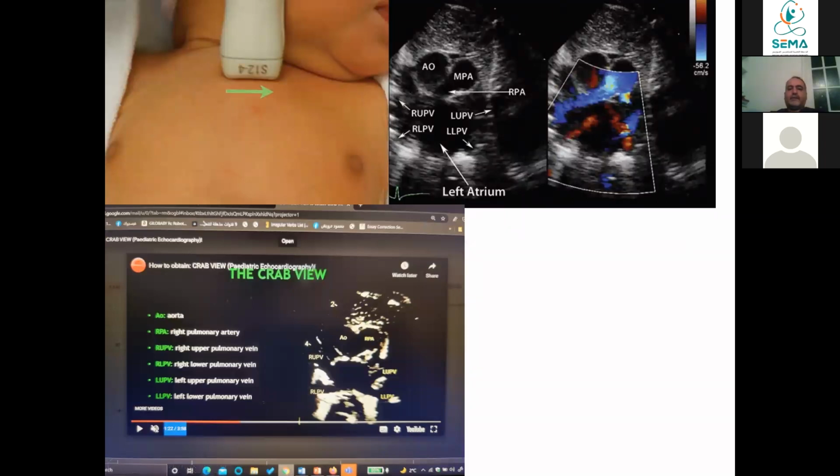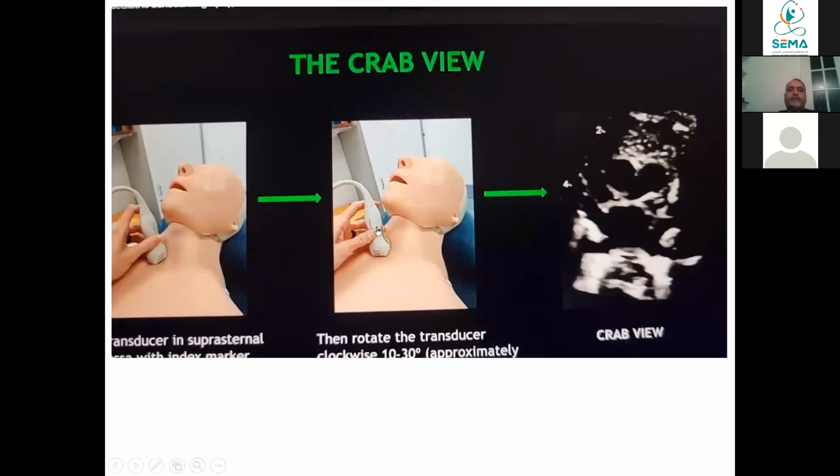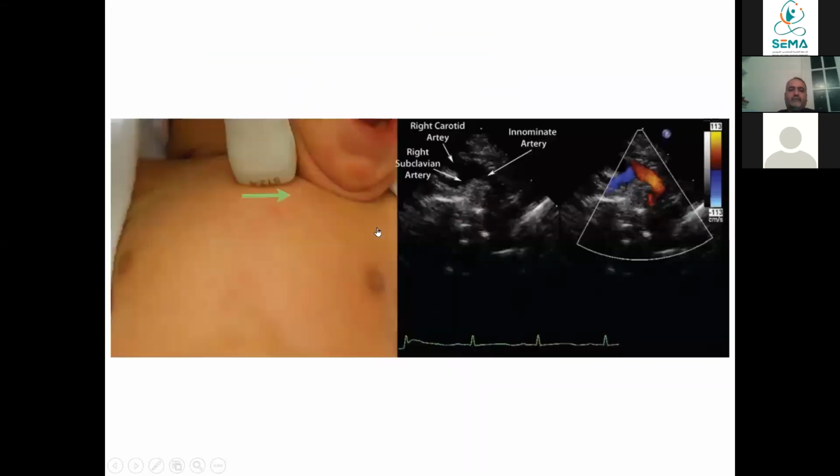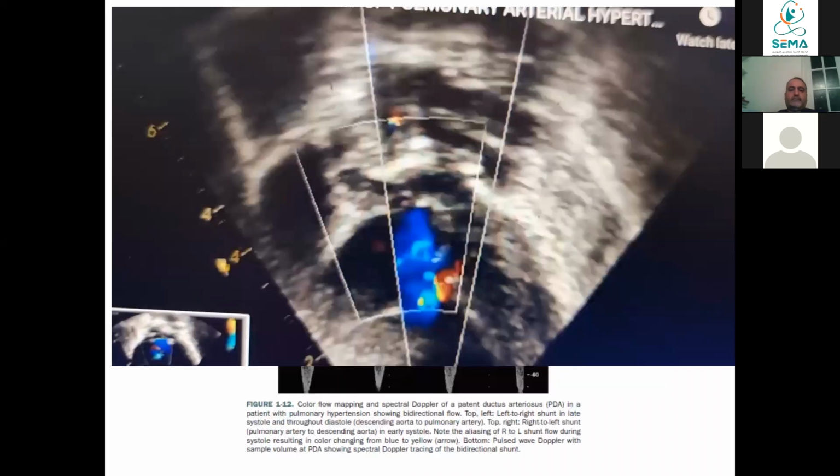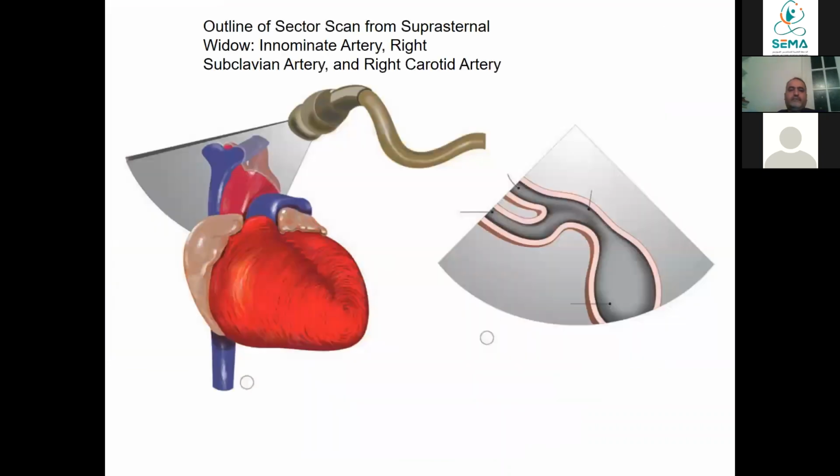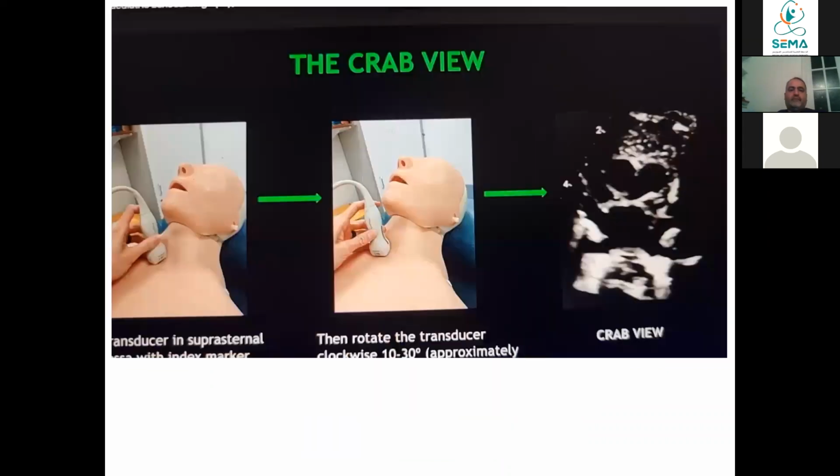Here, one minute, let me show you. Anyway, this is how to get the crop view. You rotate it and angulate it, rotate the marker to the left, and you will get the crop view.